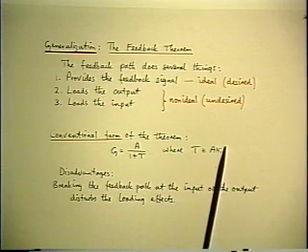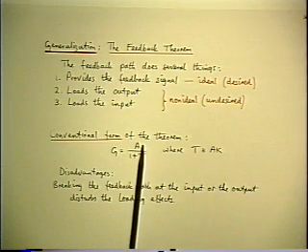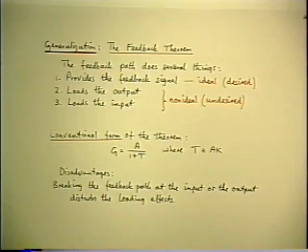In the conventional form of the theorem, you identify A and K, you break the loop and try to find A, but you run into trouble.